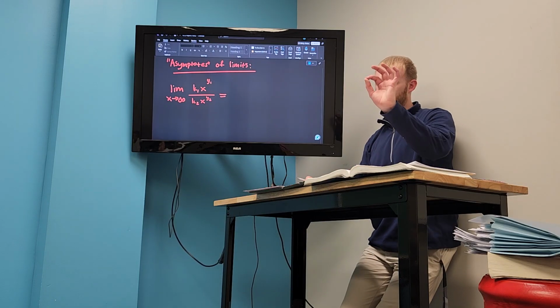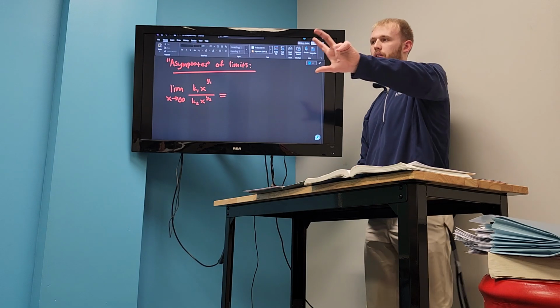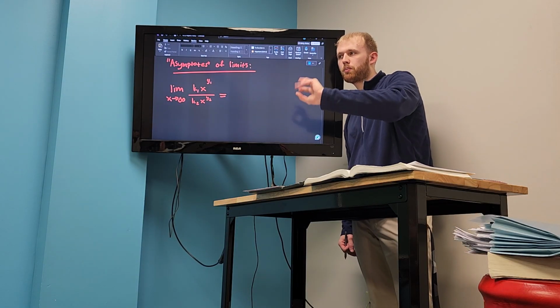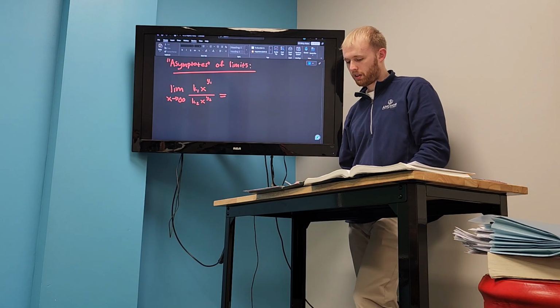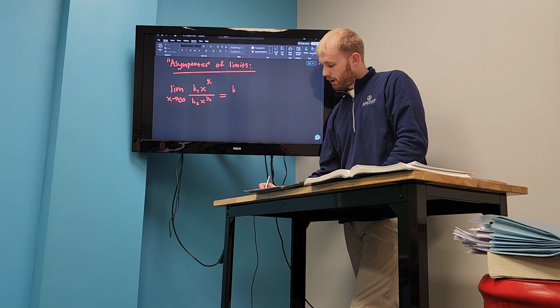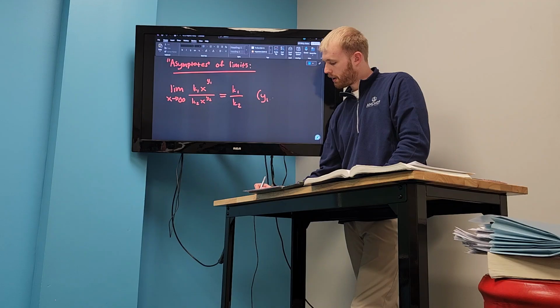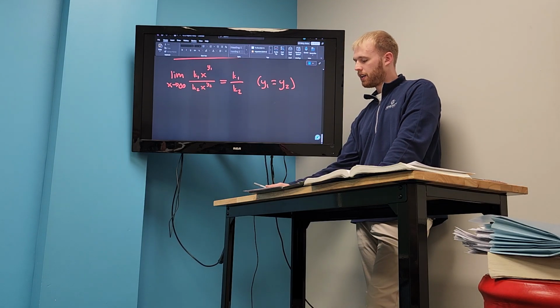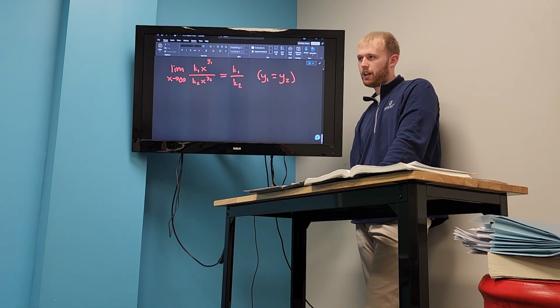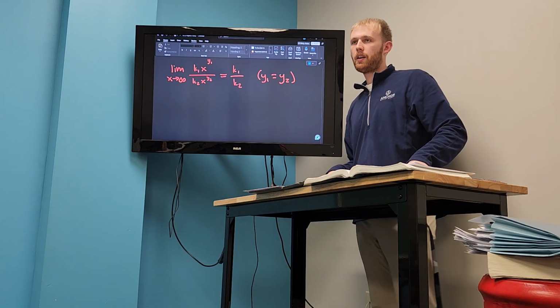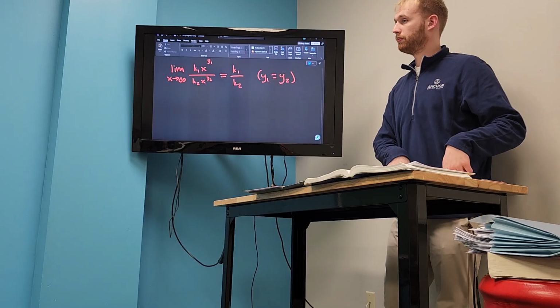I'm indexing these numbers because I want you to see that there's a connection between the variables. Like there's a connection between the exponents, but they're different numbers, or they could be different numbers, okay? In this case, the y1 is going to equal the y2, and in that case, you're going to have k1 over k2. That will be the value of the limit if those degrees are the same.